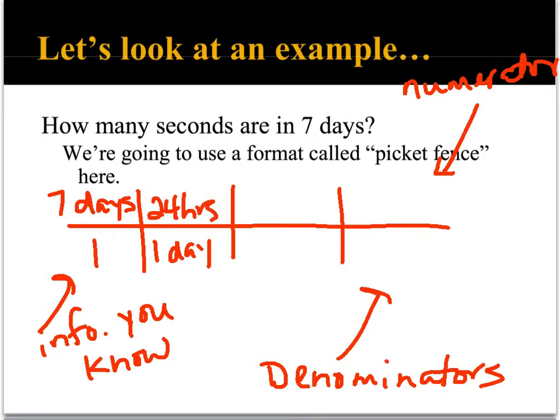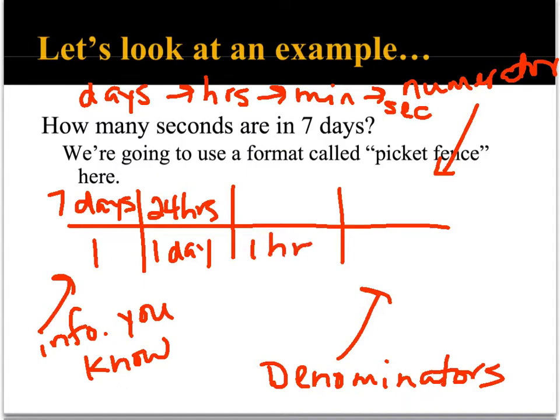When we think about this as the big picture, we're going from days to hours to minutes to seconds. So once we convert days to hours, our next step is to convert hours to minutes. Well, we know that 1 hour contains 60 minutes.